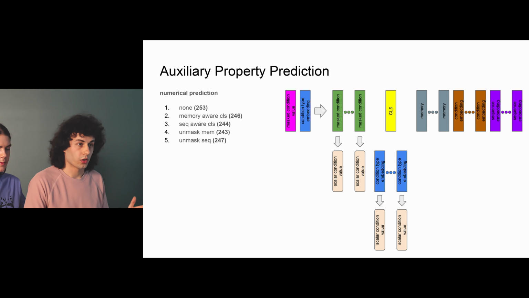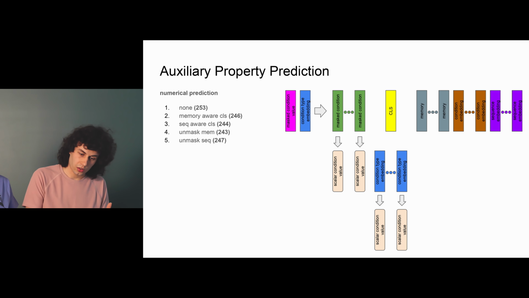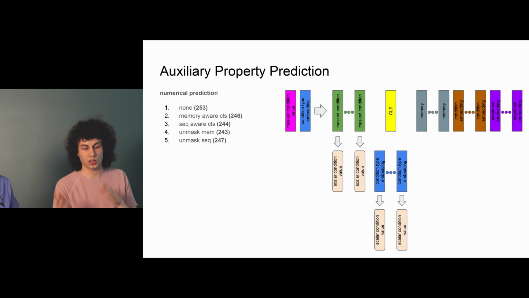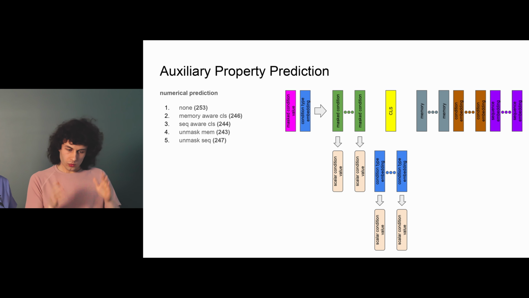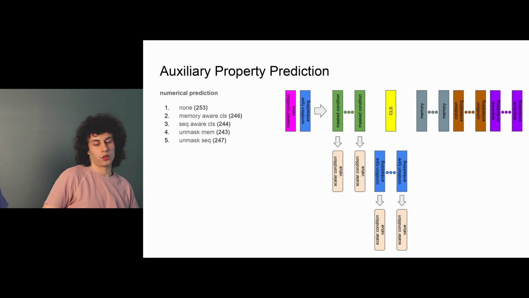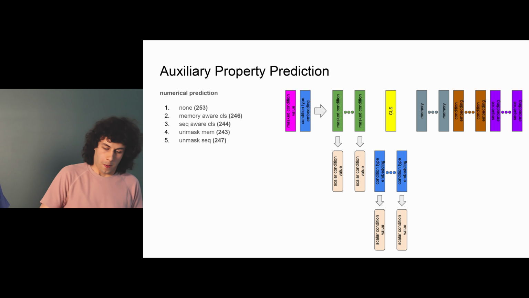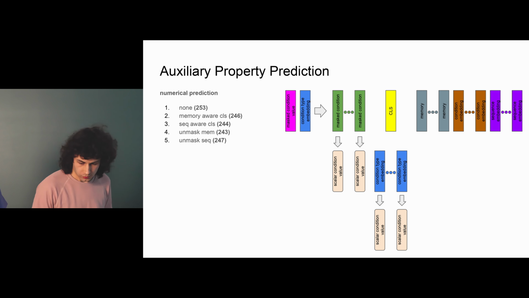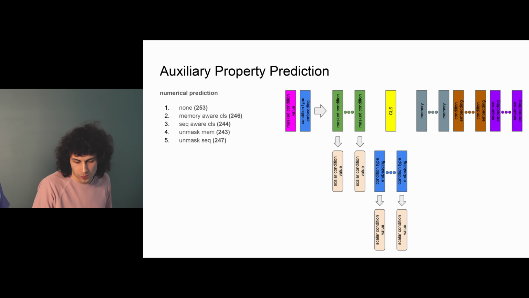And here we are doing it in several setups. We are using CLS tokens for the sequence, or these memory tokens. And we are doing the prediction based on these CLS tokens, or we are doing unmasking of the condition values based on the condition type embeddings.